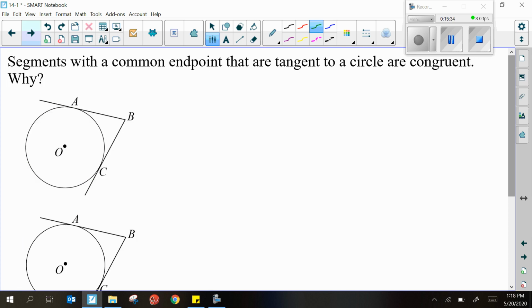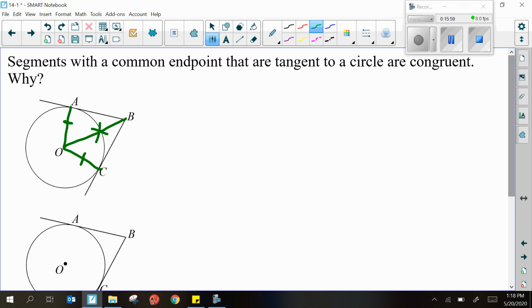So that's 90, and this one's 90 as well. And then segments with a common endpoint that are tangent to a circle are congruent. Why does this have to be true? Well, one way to draw this out is to first draw in a reflexive side that two triangles are going to share. So here it is. And then from the point of tangency, draw to the center. So these are both radii, so they are congruent.